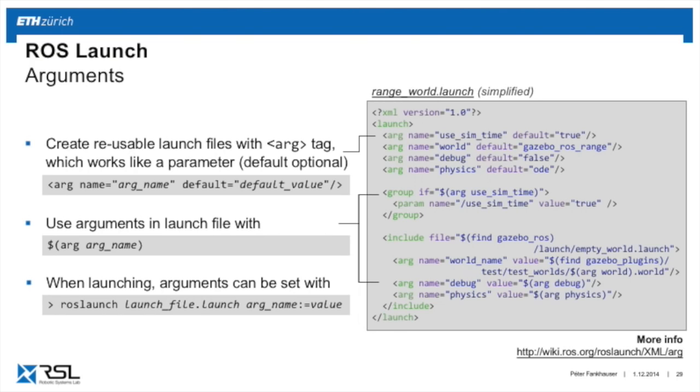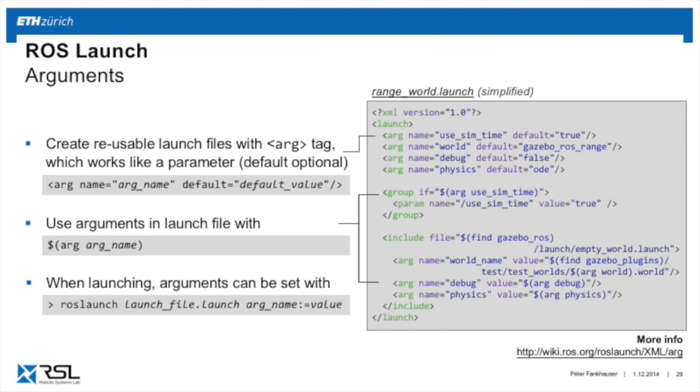You specify them on the top, like there, and then you can reuse these arguments in your launch file. In this case, it says if this argument is set to true or false, then also set this parameter. If you specified it up here, you can reuse this argument by the dollar sign, then bracket arg and the argument name, which is used in these two examples also down here.